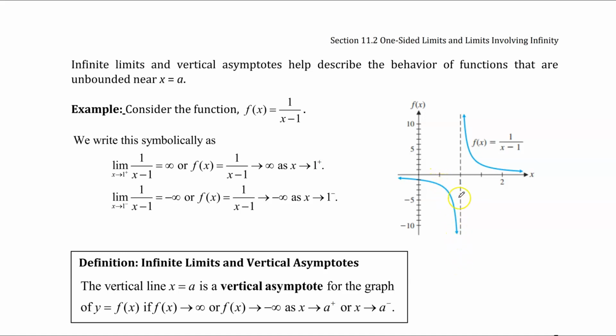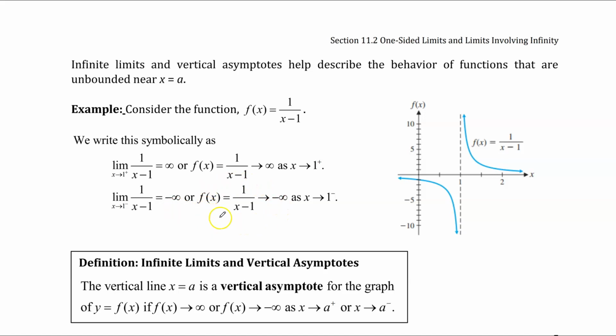So the function approaches the line here, and it will just continue to approach that line without end. So we say that the limit of the function as x approaches 1 from the left is equal to negative infinity. So if the function decreases without bound, that means the limit is equal to negative infinity.